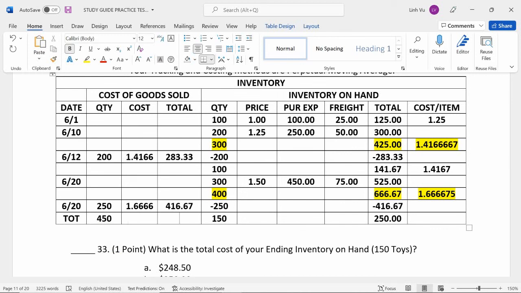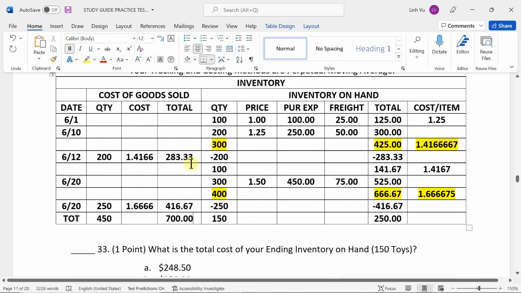At a total cost of $700, right? You're going to add these two up together to get a total of $700.